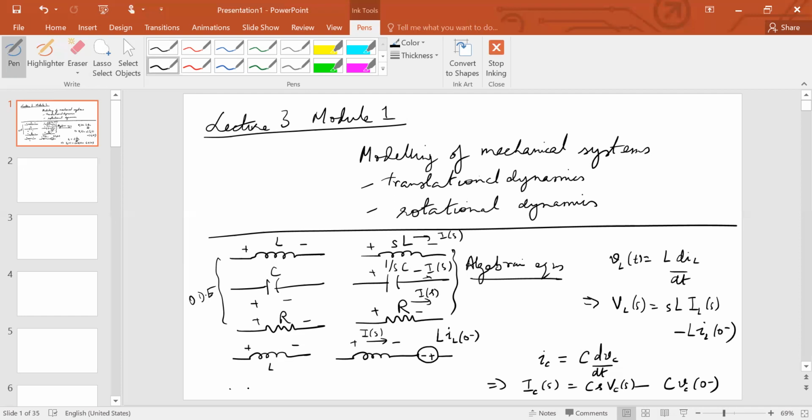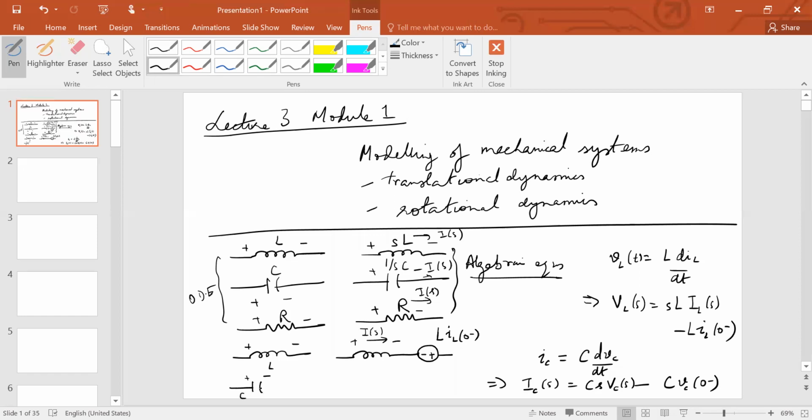Similarly, for the capacitor, if this is the plus and the minus terminal, and you again take this to be the direction of flow of the current, then you again consider a voltage source, but this time with the same polarity as in this.